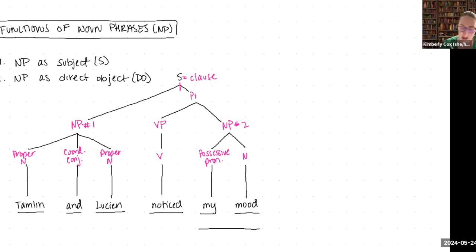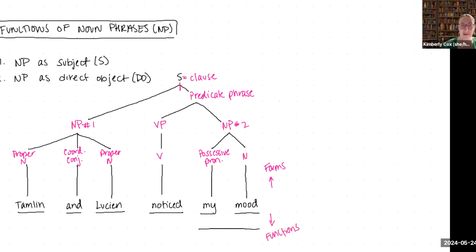So here we have our predicate phrase. Okay. So these are the forms. What we're looking at up here are the forms of words. Down here, what we're looking at are the functions.